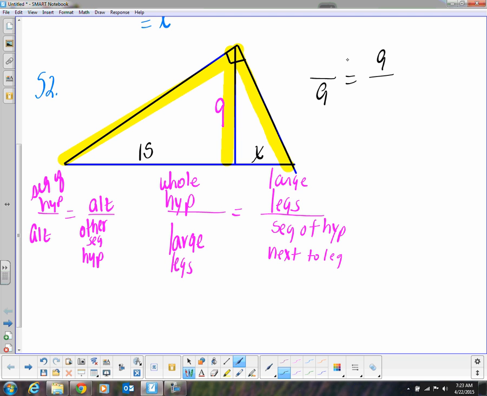Pardon? 15, because it's the segments of the hypotenuse, not the whole hypotenuse. So you have 15x equals 81. X is equal to 81 divided by 15, whatever that is.